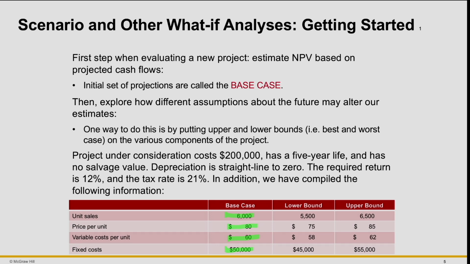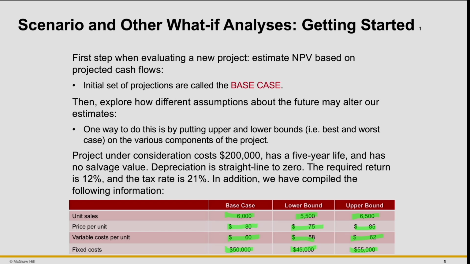Now, lower bounds on each of these, in this case, are 5,500 units sold with a price of $75 instead of $80, variable costs of $58 per unit, and fixed costs of $45,000. The upper bounds on each of these variables is 6,500, $85 per unit, $62 variable costs, and $55,000 for fixed costs.